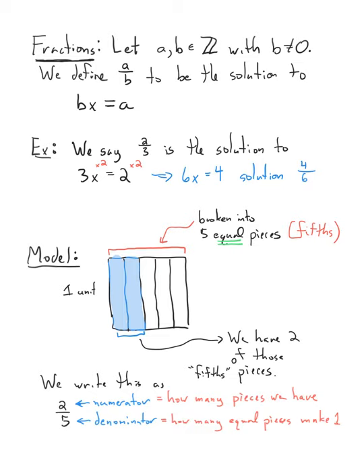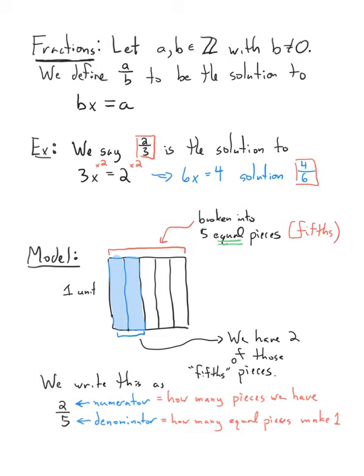And of course, 4/6 and 2/3 are equivalent fractions, which makes sense, right? Since 3x equals 2 and 6x equals 4 are equations that have the same solution, since all we did was multiply both sides of the first equation by 2, these must be the same number. We'll talk a little bit more about equivalent fractions later on. But that's a definition of what a fraction is mathematically.